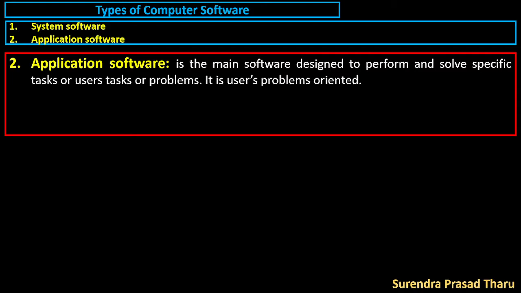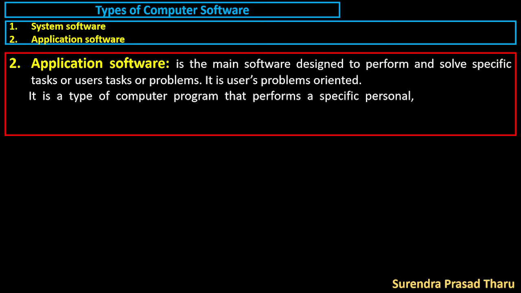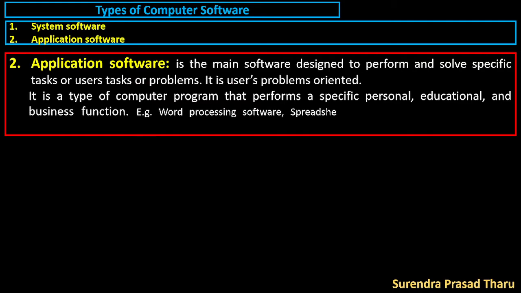But application software is designed to make the communication between the system software and users, so users' problems can be addressed through application software. It is a type of computer program that performs specific functions like personal, educational, and business functions. For that purpose it is designed.